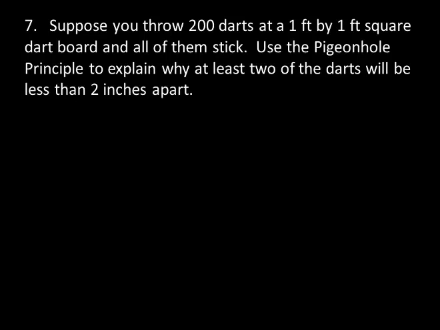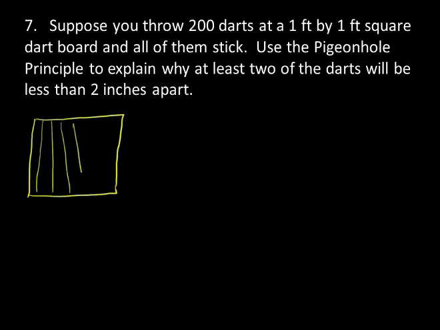Well, that's really hard to think about, but you know that you're thinking of pigeonhole principle, and it's 1 foot by 1 foot square, so a good way to start would be to draw a picture and see. I'm going to draw a 1 foot by 1 foot square here on the paper. And I know that a foot is 12 inches, so I'm going to divide this thing up into square inches.